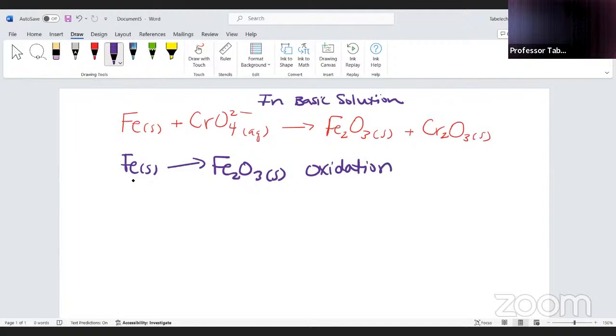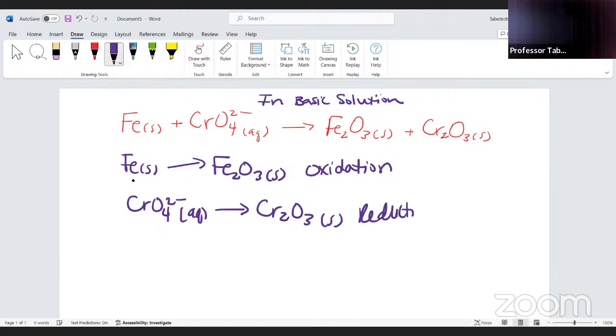Then you've got your chromate. This is actually the CrO4 with the 2 negative charge, and that's aqueous. And then that yields Cr2O3, solid. And again, this, ladies and gentlemen, is the reduction reaction.